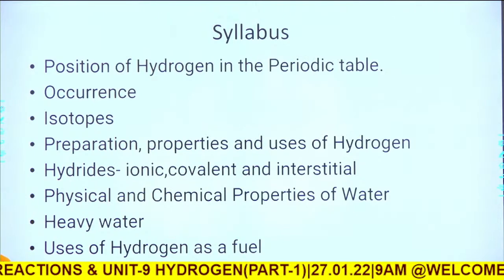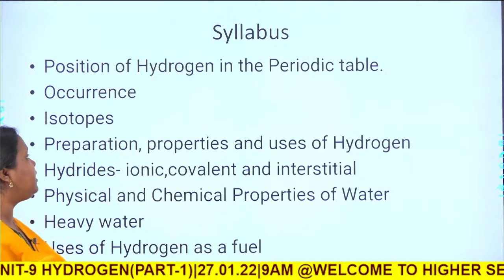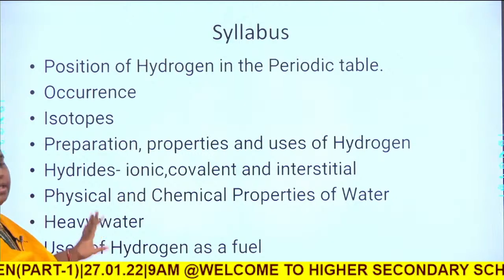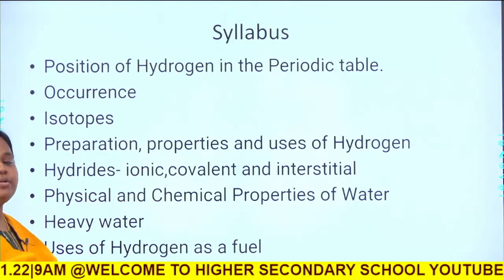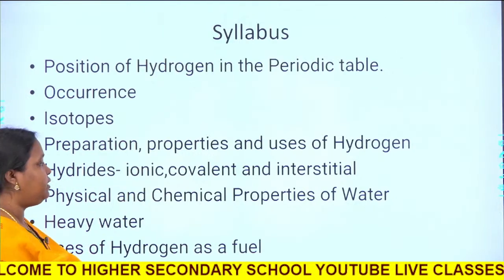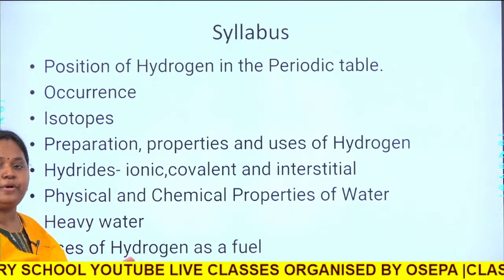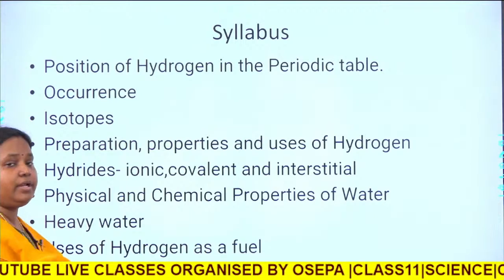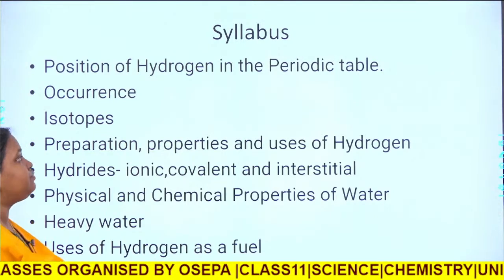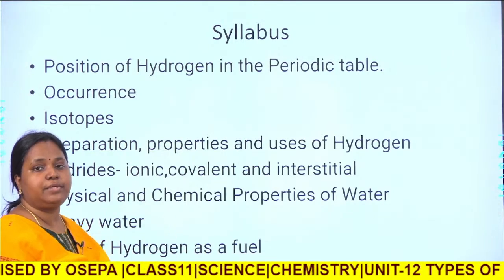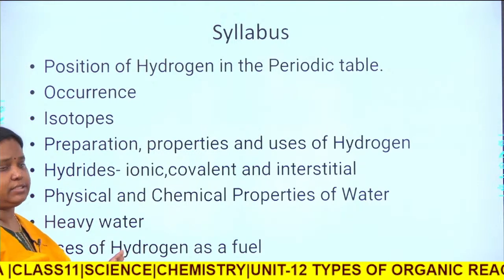We have to study the position of hydrogen in the periodic table, its occurrence, the isotopes, the preparation, properties and uses of hydrogen, also the hydrides and the physical and chemical properties of water, heavy water and uses of hydrogen as fuel. These are the reduced syllabus given by the CBSE.